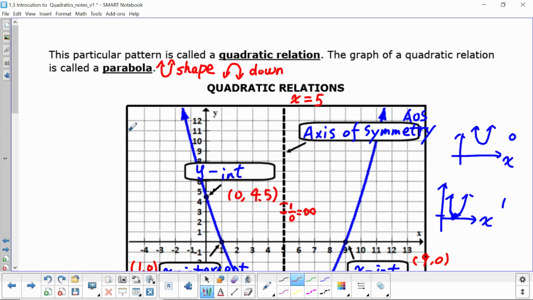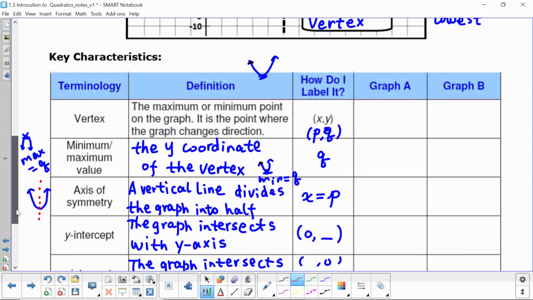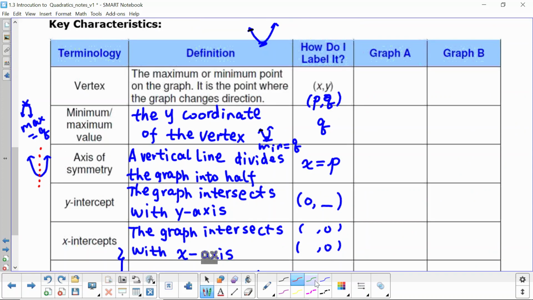Okay, so for graph A, the vertex is 4, comma 0. The graph opens up, so you have a minimum value. It should be the y value, 0. The axis of symmetry is x equals the x coordinate of your vertex, x equals 4.